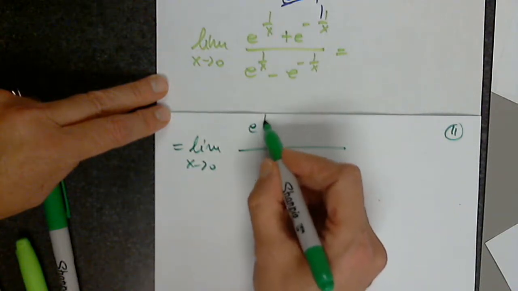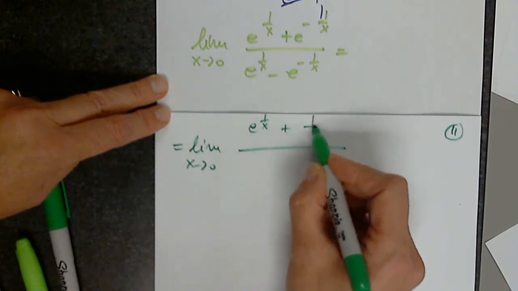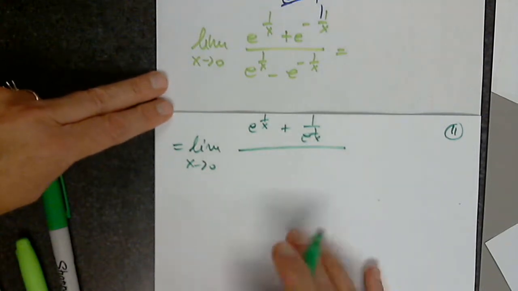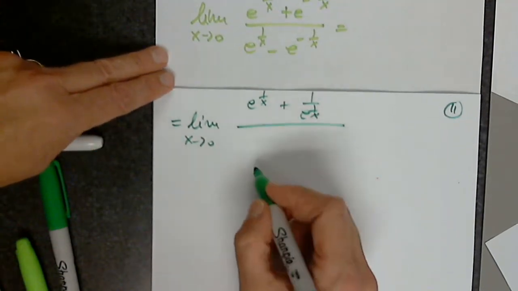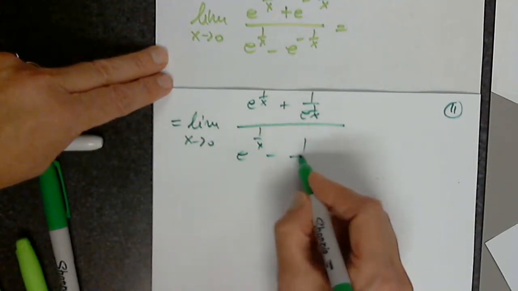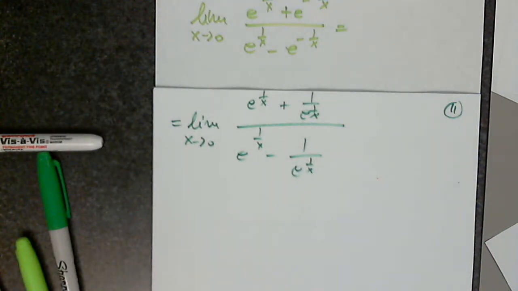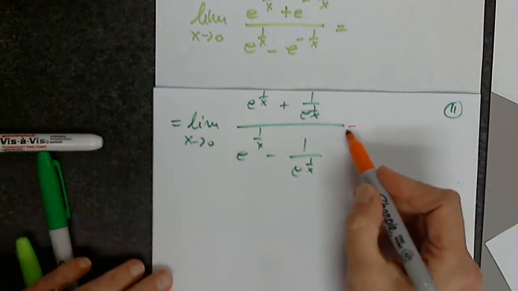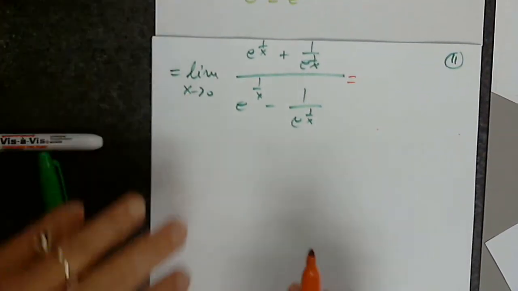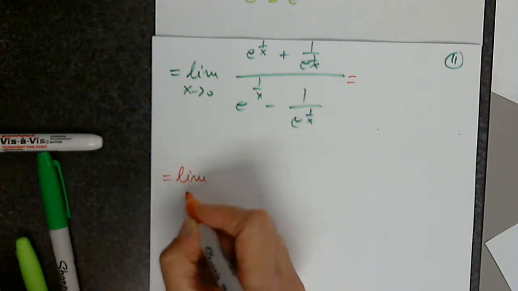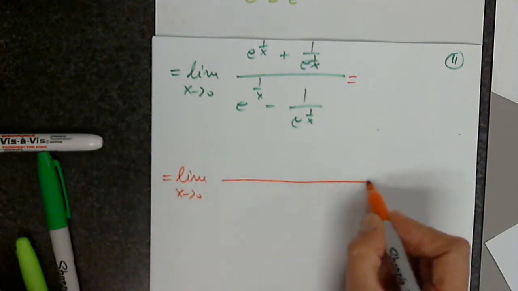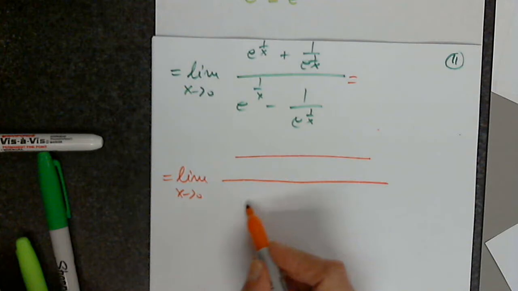So this will be e to 1 over x plus 1 over e to 1 over x. And this will be e to 1 over x minus 1 over e to 1 over x. So what do you think will follow next? Give an idea. And I can give you a hint.